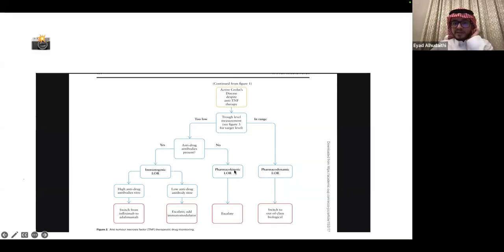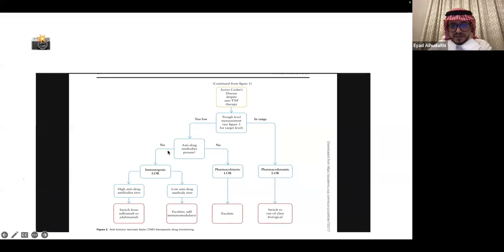However, if the TDM is low, then you have to look for the anti-drug antibodies. If there are no anti-drug antibodies, then this is a pharmacokinetic failure, and you have to escalate or optimize the dose.